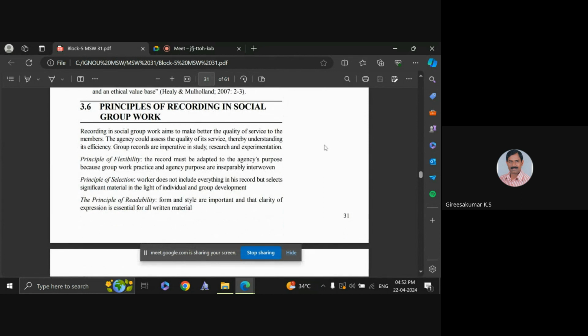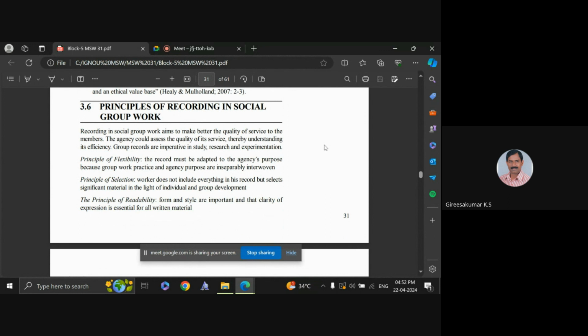And now we pass on to principles of recording in social group work. What should be recorded? There are some principles of recording. For what? To make better quality of service to the members.